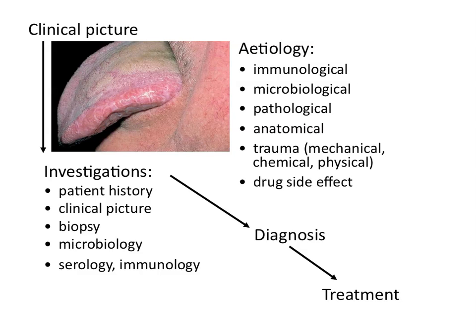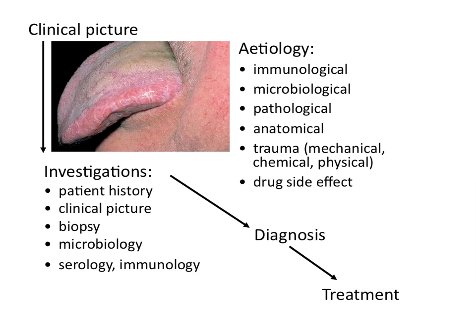The point of what we do today is to understand that what we see clinically, an ulcer lesion in the oral cavity, the etiology can be anything ranging from immunological background, microbiological infection. It can be a pathology. It can be just variation of normal anatomy. It can be caused by trauma, by biting your lip, mechanical trauma, or chemicals or physical exposure to, for example, very hot food.